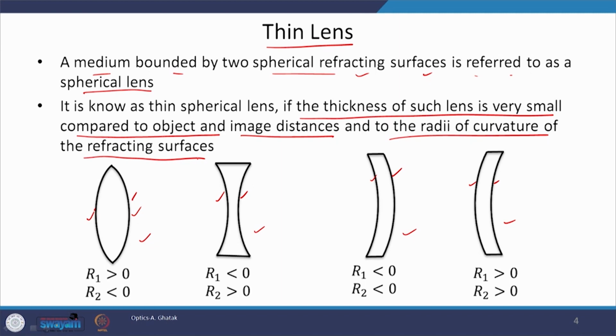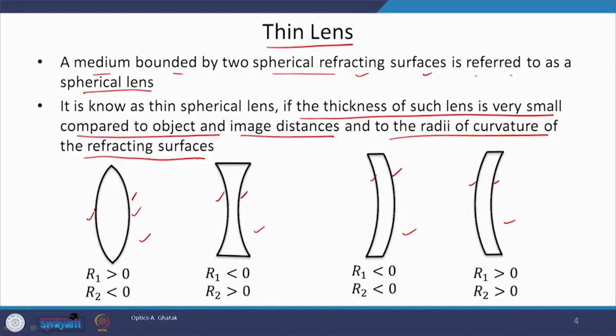I repeat, if the thickness of the lens is very small as compared to the other related thicknesses or other related distances. What are the other related distances in the case of a lens system? The height of a lens, the distance of an object, the distance of an image, the radii of curvature of the refracting surfaces out of which the lens is formed.